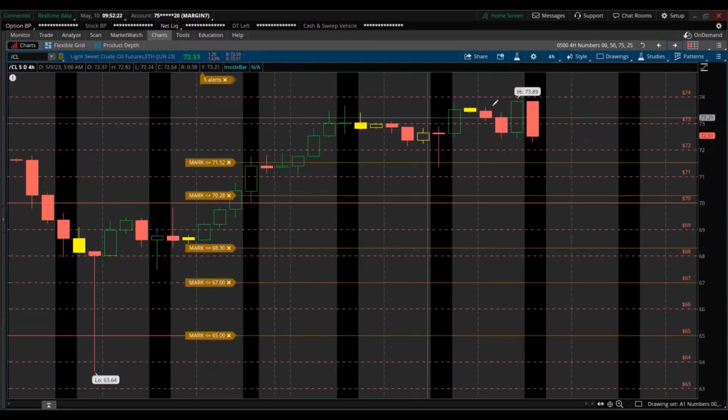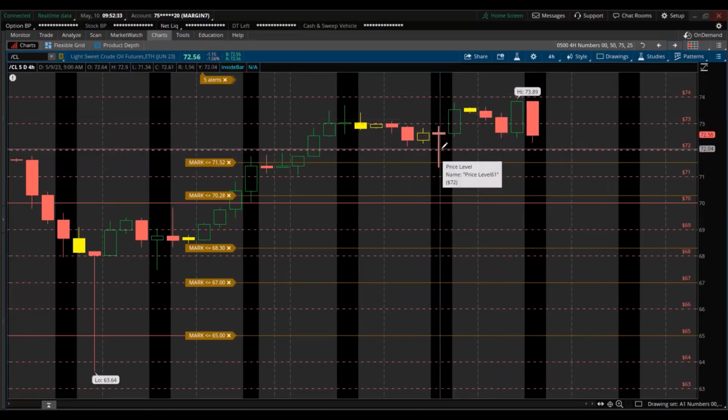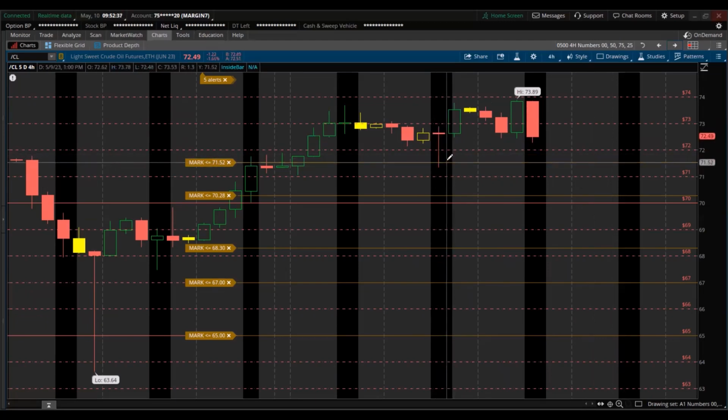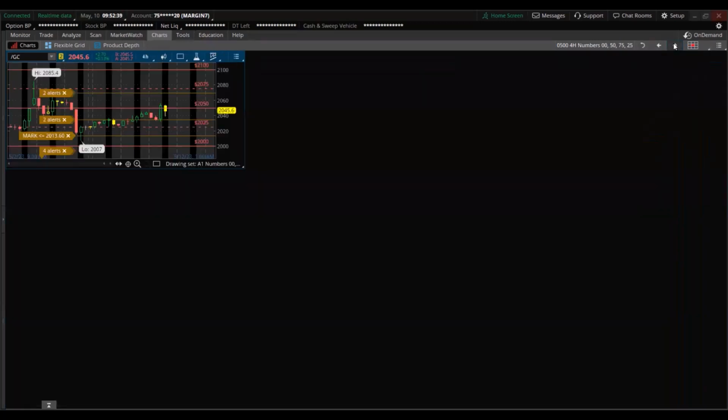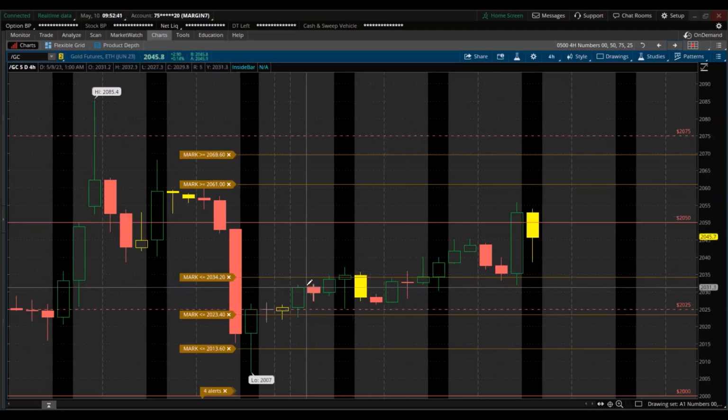Crude oil, like I said, we have economic news coming out shortly on this. Massive consolidation, but again, I showed you on the zones where I was bullish. Look at that trigger there. Tested, broke below numbers, and closed above it. Nice. Numbers on gold.